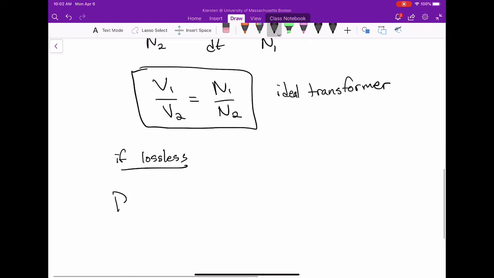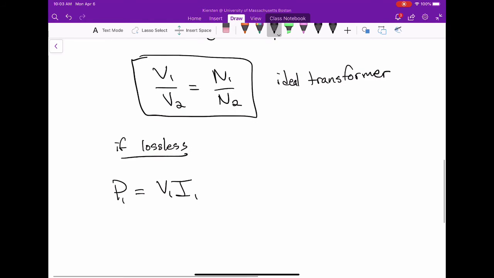So if the power going into coil 1 is going to be V1 times I1, as it usually is, or if we're in phasor domain, which we could be, it's going to be 1/2 the real part, but we're just going to stay in time domain for now, right? We end up with the same answer either way. And if we're delivering any power to coil number 2, then that power is going to have to be V2 I2.